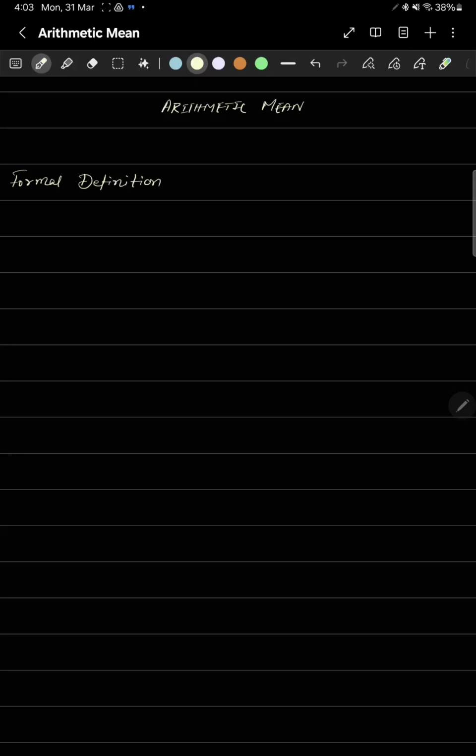So the definition of arithmetic mean goes like this. It's one of the fundamental measures of central tendency.